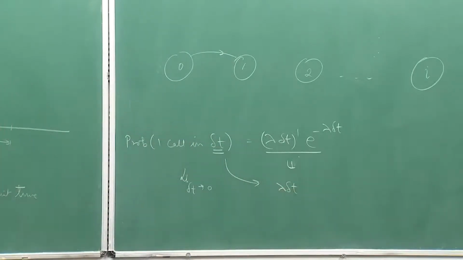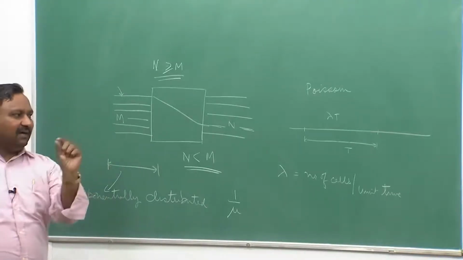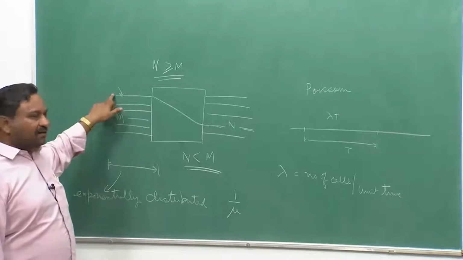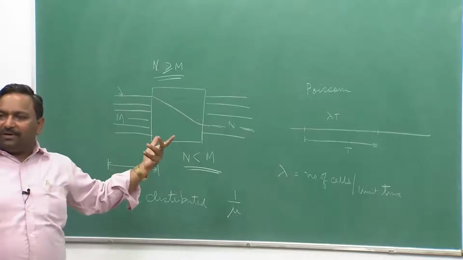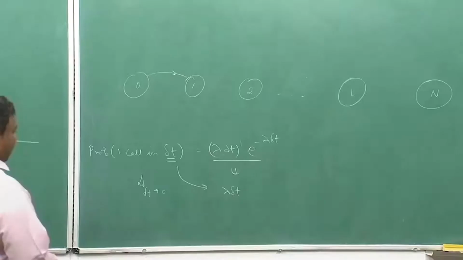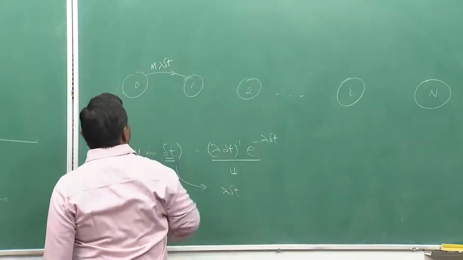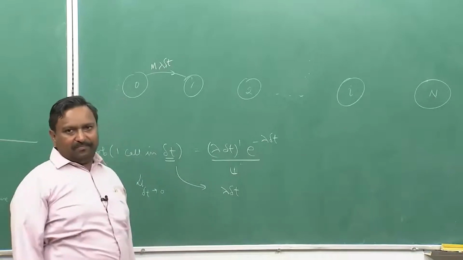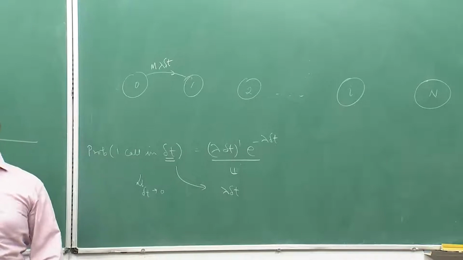That is the instantaneous probability in small time delta t that one call will arrive on one line. There are m such lines, so the probability that one call will arrive is m into lambda delta t, that is the rate at which calls will be arriving. That is the transition rate for going from state 0 to state 1.